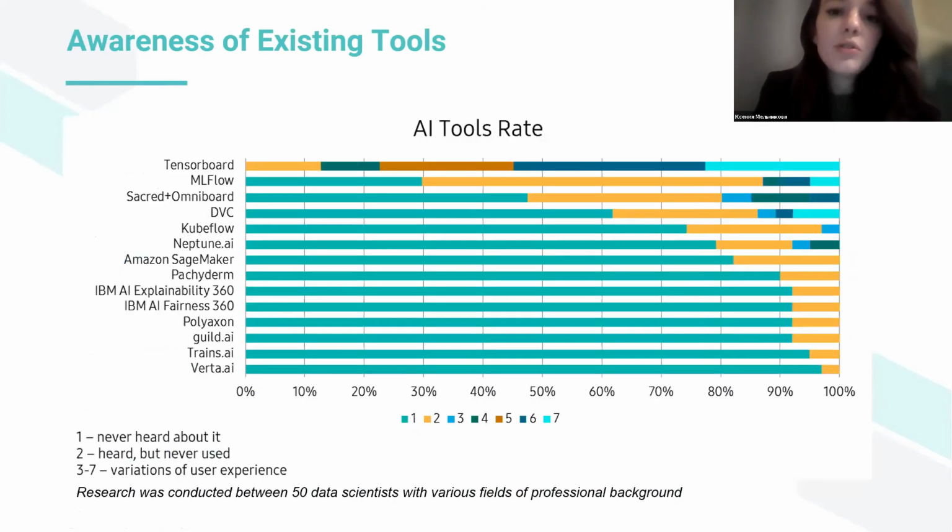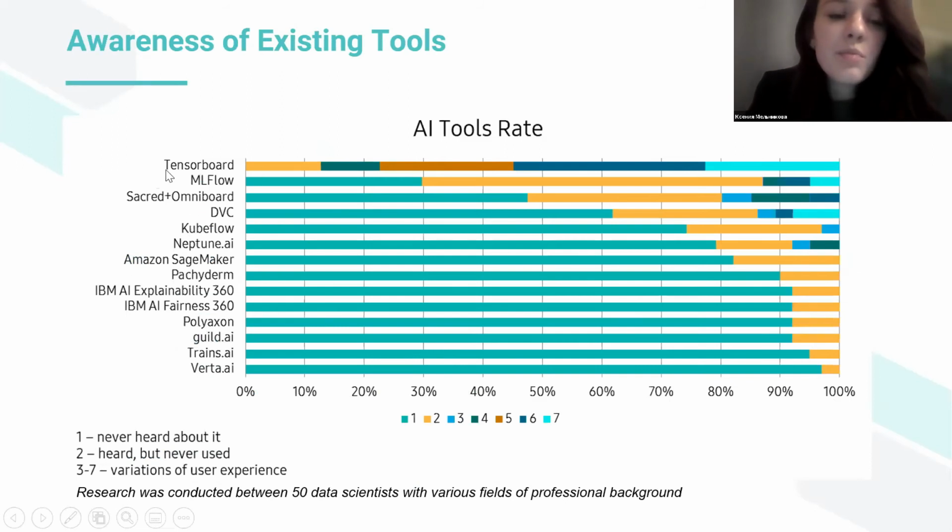And as I told you, many people never heard about any of the tools that I'm talking about right now. I even made a survey where I asked 50 data scientists who work with various fields of data science and AI. They work with picture processing, numeric data and text data.